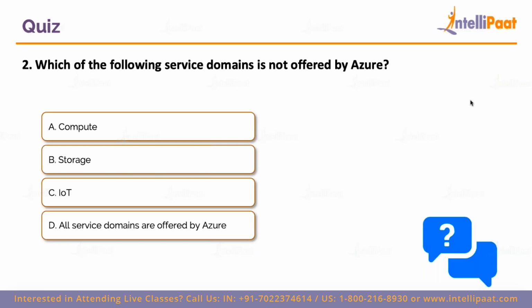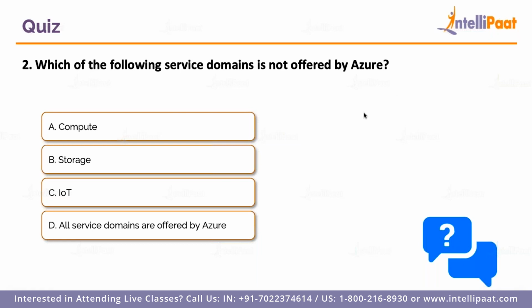Kwaj is saying A. Like I said, compute domain is the set of services which give you compute power. And as you know, virtual machines are nothing but servers in which you have the compute power as well. So you can launch a higher CPU server, which is going to give you more compute power. So all of these service domains are offered by Azure. That would be the correct answer.